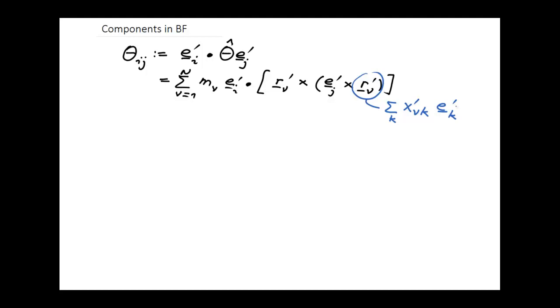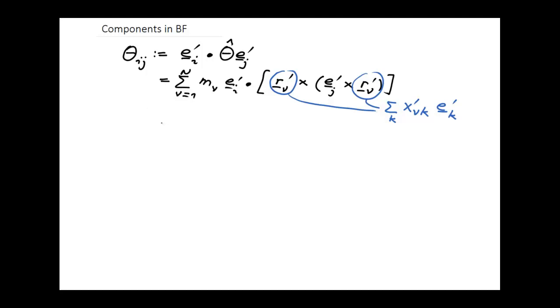And we can do the same here for this position vector r_nu prime. So in both cases we can write this as a linear combination of the basis vectors.